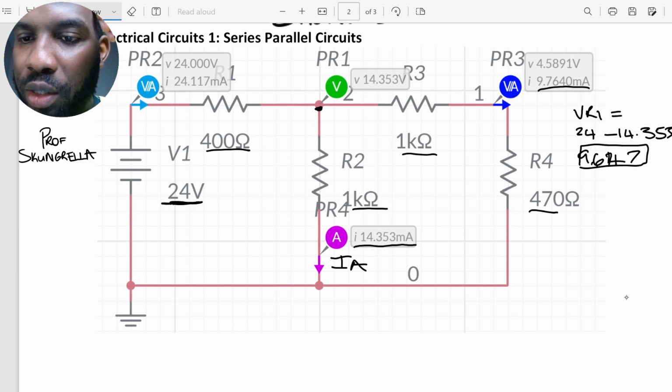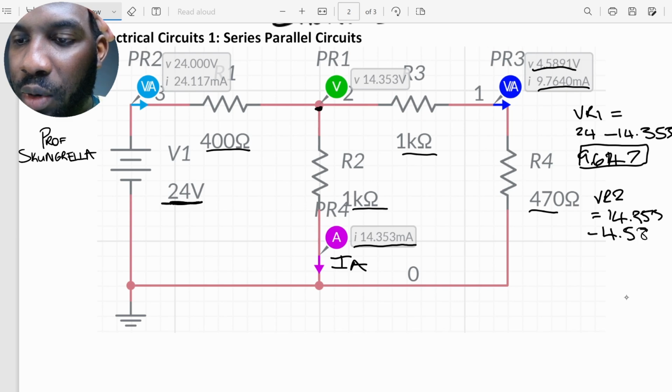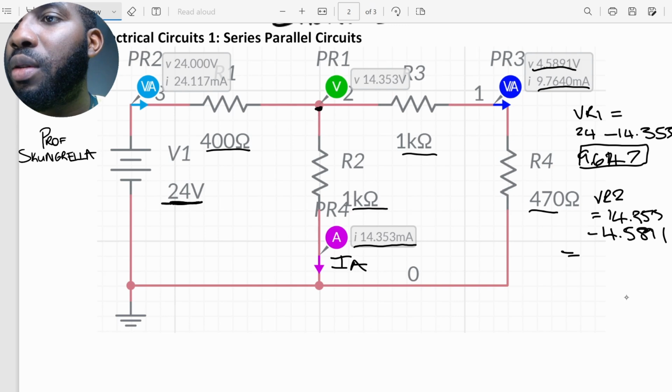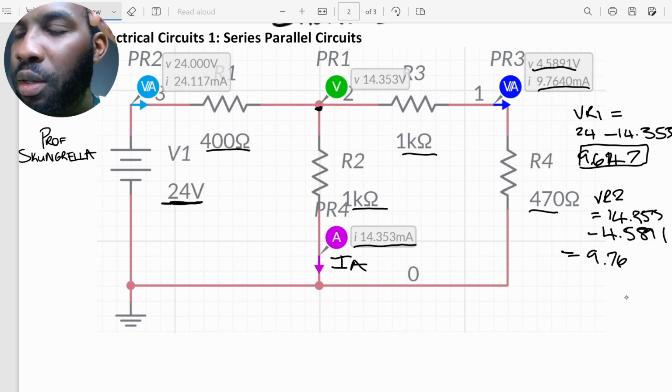The voltage here is 4.5 volts across this last resistor. So then we can find the voltage across R2. VR2 is going to be equal to 14.353 minus 4.5891, and that gives us 9.7639 volts.